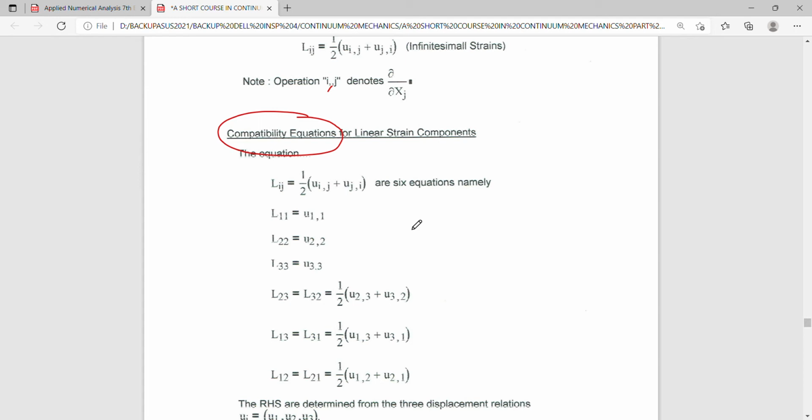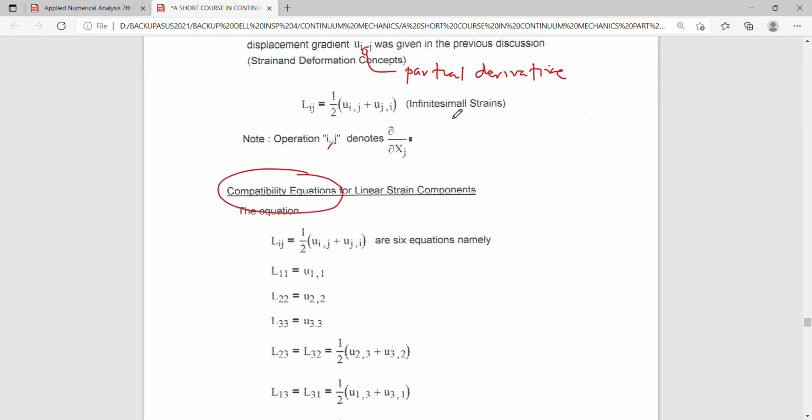Okay, so we note that the linear strain as defined here in terms of infinitesimal consideration has six components or six equations, namely this one, L11 is simply equal to U1,1, no? So if you add U1 comma 1 plus U1 comma 1 divided by 2 is U1 comma 1, and so on and so forth.